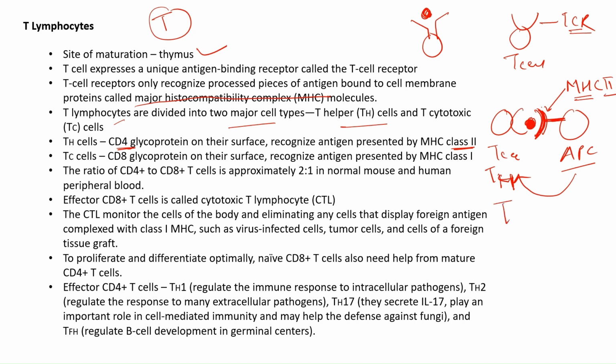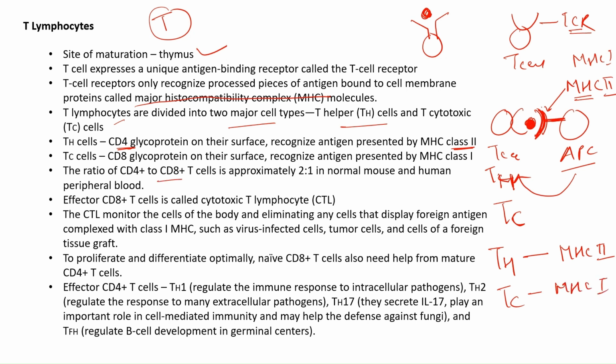If this T cell is a TC cell, then this MHC is class 1 MHC. So this is the difference: a TH cell will recognize the antigen when presented by an antigen presenting cell having class 2 MHC, whereas a TC cell will recognize the antigen with the help of class 1 MHC.